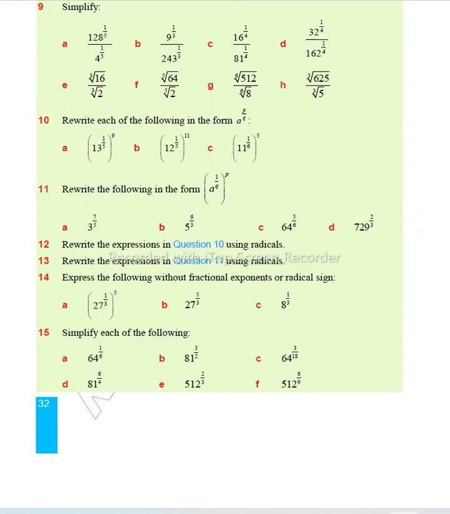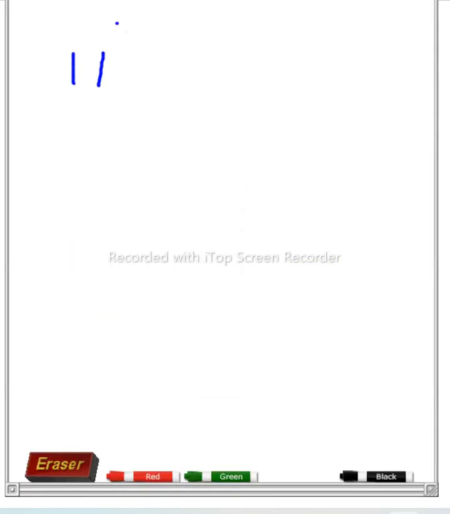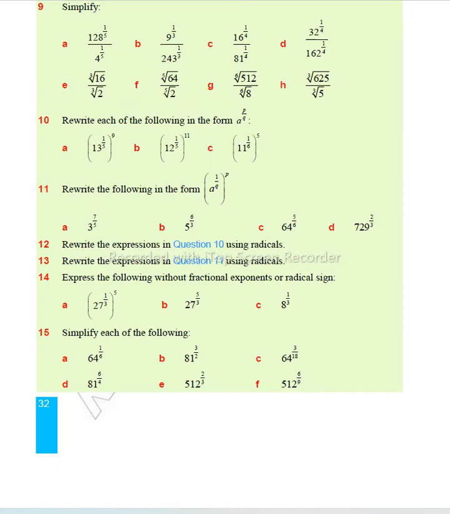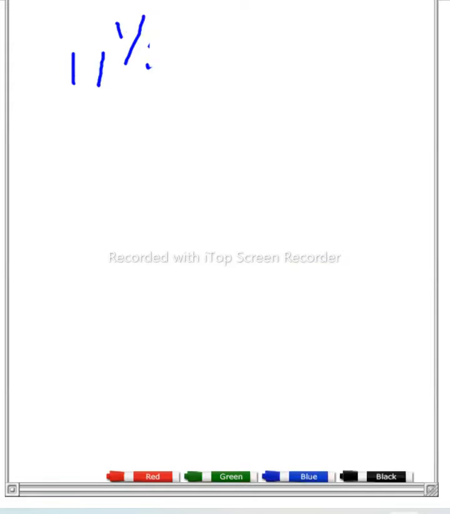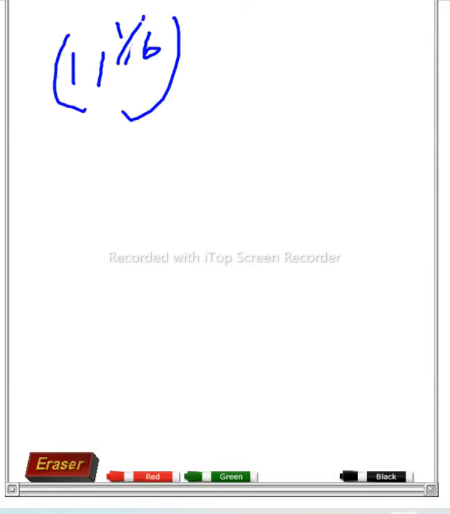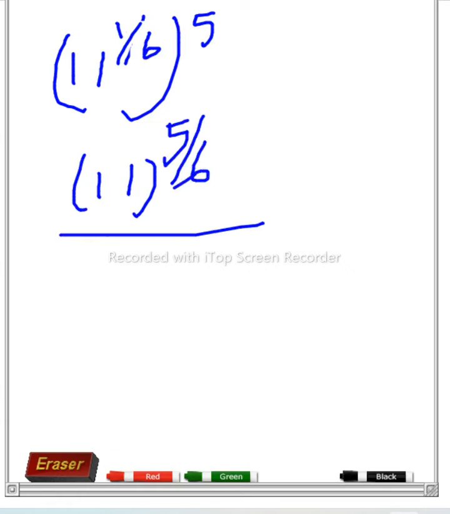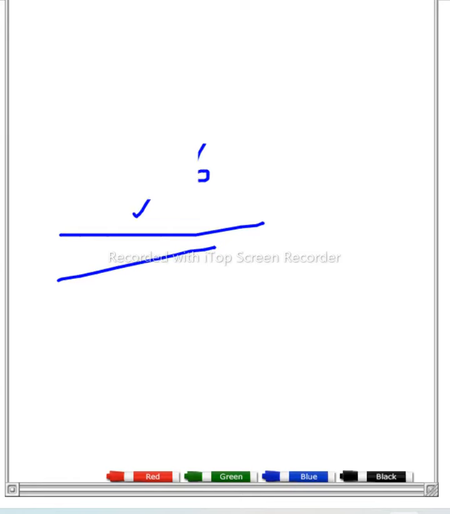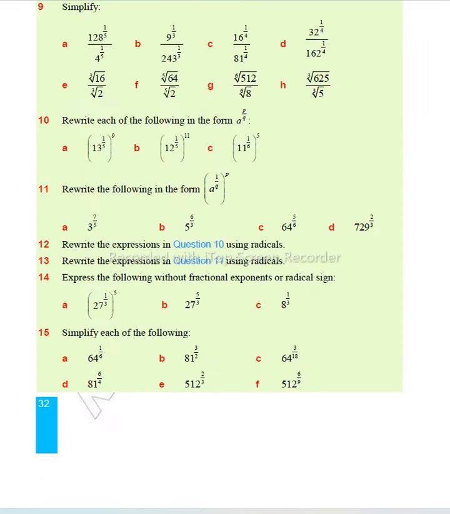We directly multiply 1 over 6 times 5, which gives 5 over 6. So 11 to the power of 5 over 6 is the final answer. It is very simple, directly multiplication.